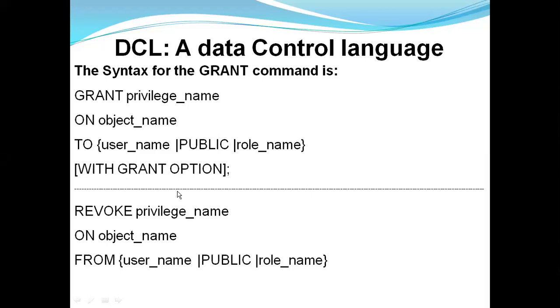We have already used the username. Now public is also a user which is used only for DCL statements. Everybody knows the meaning of public. Public means everyone. So when I want to grant a particular privilege to all available users in the database, we can use keyword public instead of a particular username. So that privilege will be granted to all available users.